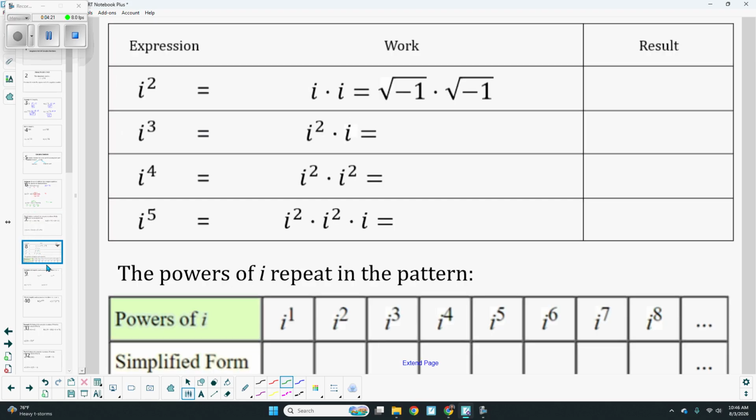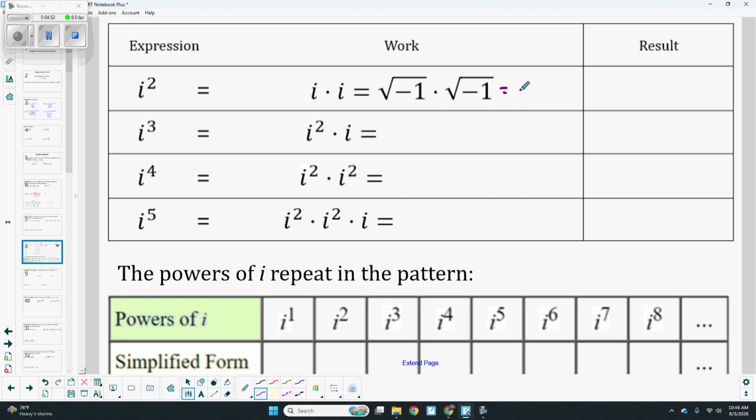Okay, so i squared is equivalent to i times i. And i times i is really the square root of -1 times the square root of -1, right? Oh, sorry, I'm doing this wrong for you guys.